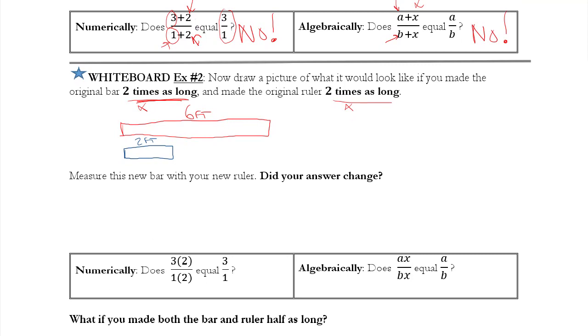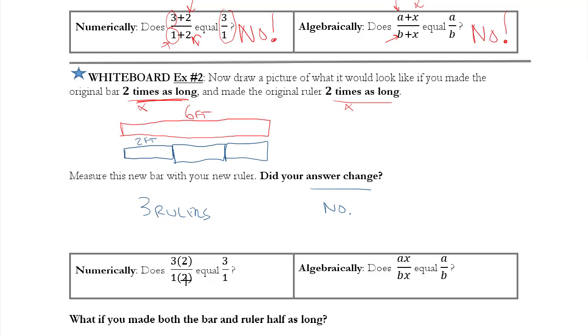Is that the same case here? Well, let's see. How many 2 feet would it take to measure 6 feet? Well, 1, 2, 3. So it would take 3 rulers, just like what we had before. Did our answer change? The answer is, oh no, our answer did not change. And so numerically, all we did was multiply the numerator and denominator by the same amount.